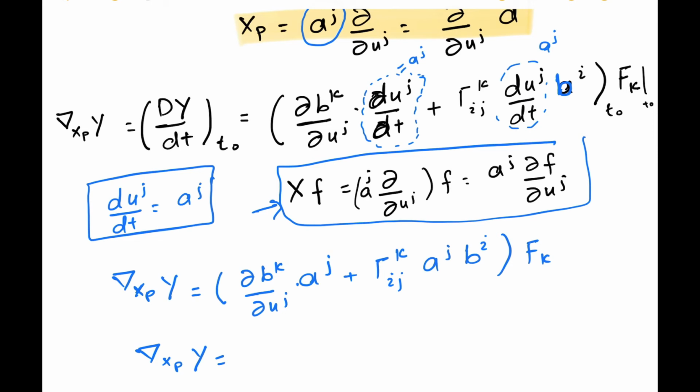As I am restricted to a single point, this will become xp bk plus gamma kij and bi aj, then fk.